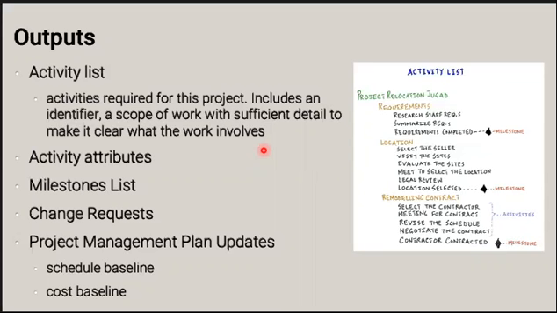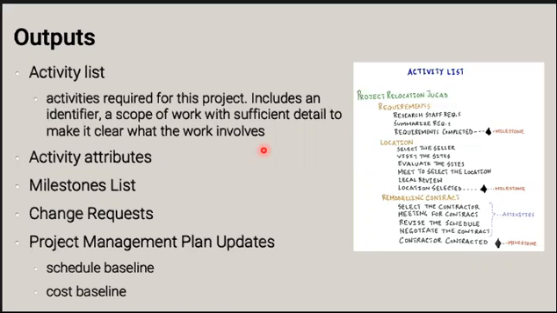Together with the activity list, we're going to put together activity attributes that become apparent as we think about the activities. And if those attributes become apparent, they can be recorded. So things like what kind of resources are going to be needed for the activity. Is there any specific sequence for that activity?